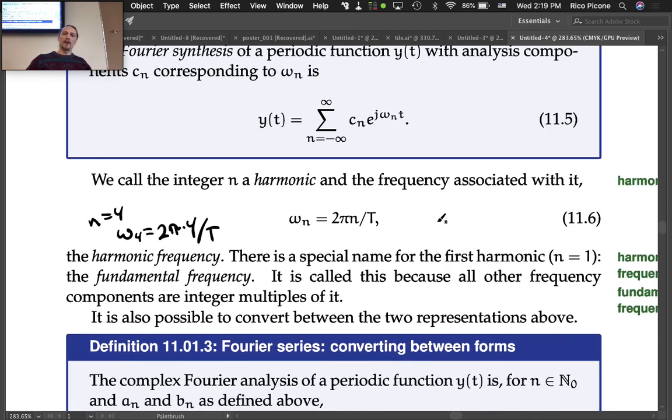So when n equals 1, we get omega 1 equals 2 pi over T. It's the period of the original function, too, right? Of the function that we're analyzing. It is called this because all other frequency components are integer multiples of it. So n equals 2, n equals 3, n equals 4. We're integer multiplying this fundamental frequency.